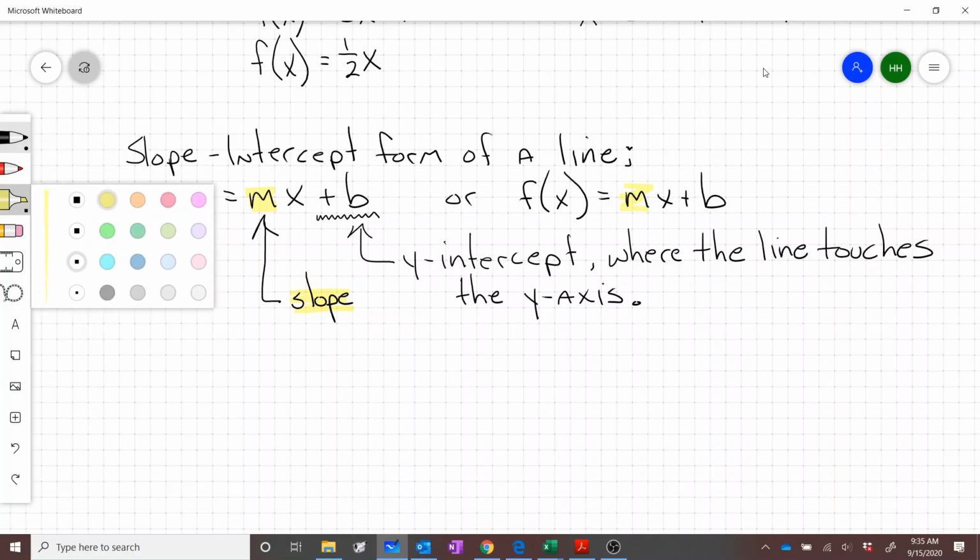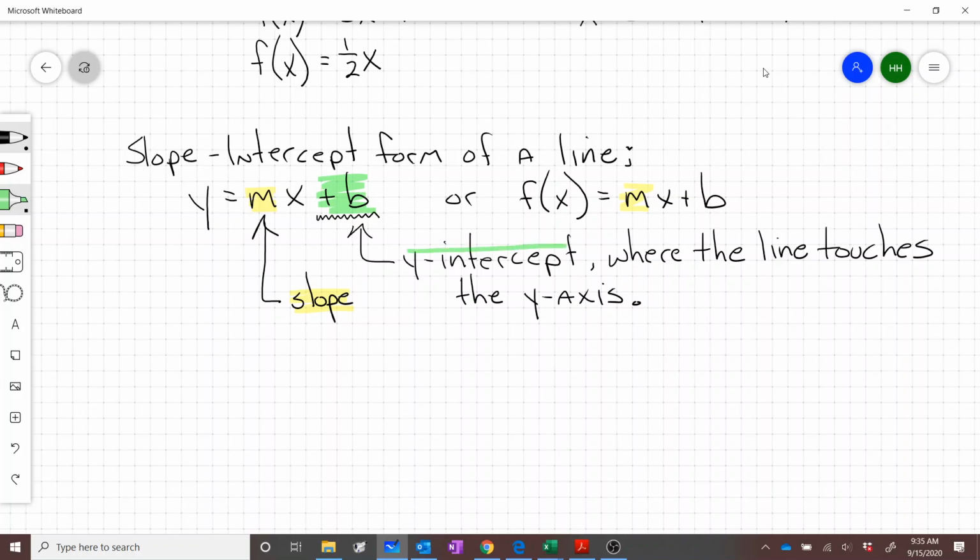So when we're in this form, anything to the right of the x, the plus or minus sign will make a difference. That's your y-intercept. Whether it be positive or negative, that's where your line is going to touch the y-axis.